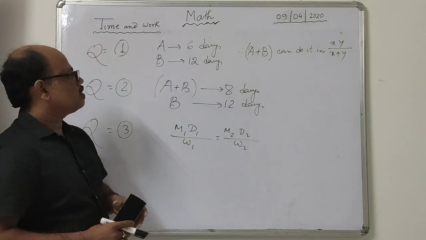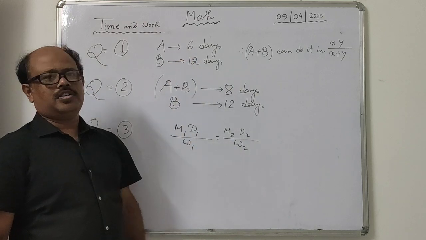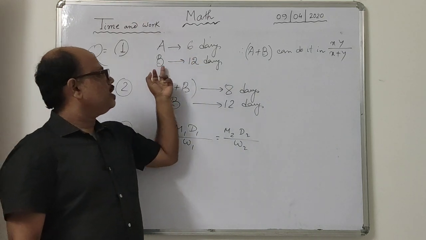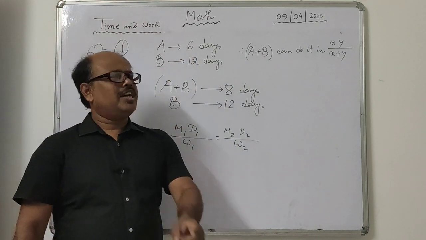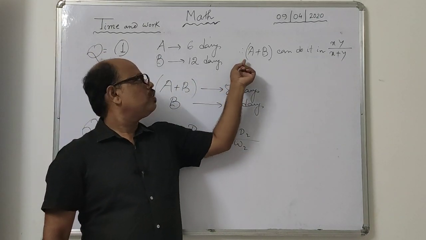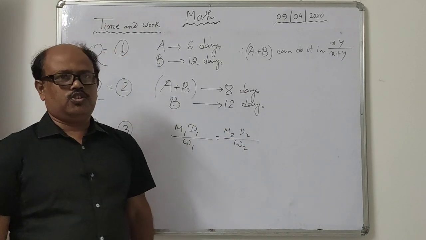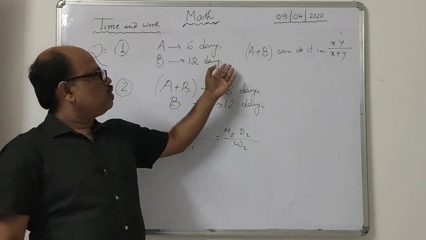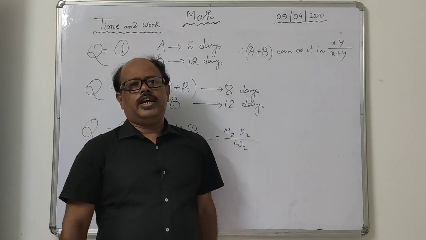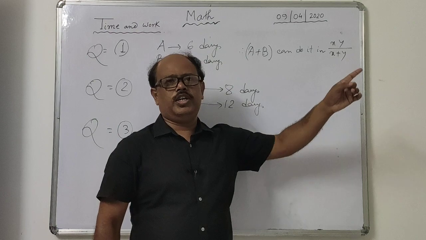First question is, A man can do the work in 6 days, and B, another man, can do the same work in 12 days. The question is, A and B can do the whole work in how many days together? You know the first formula, A and B together can do the same work in xy by x plus y days.